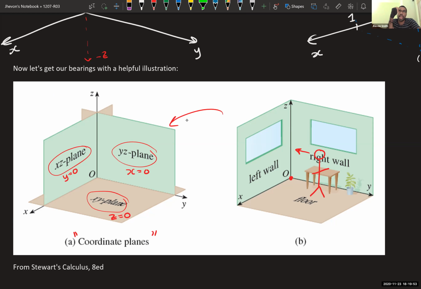Just in the same way that the x-axis and the y-axis split 2-dimensional space into 4 quadrants, you'll notice that in 3 dimensions, these planes I just mentioned split 3-dimensional space into 8 sections, right? And these 8 are called octants. Octo for 8, right?